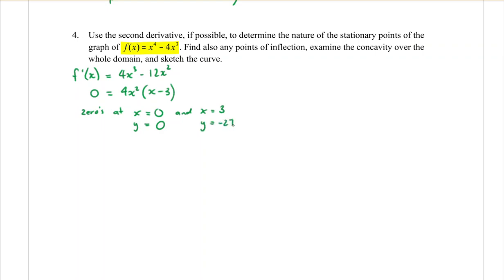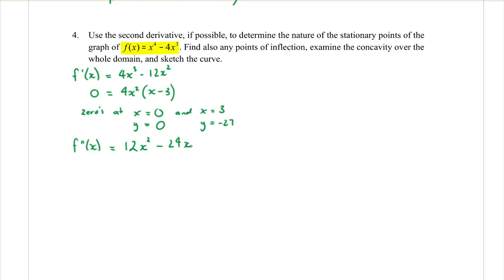Okay, so there's 2 stationary points, but I want to know whether they're maximums or minimums. So this time, for something new, we're going to use our second derivative, f double dash of x. Looking from here, differentiating this again, bring the 3 down the front, will bring 12x squared minus 2 times 12 is 24x.